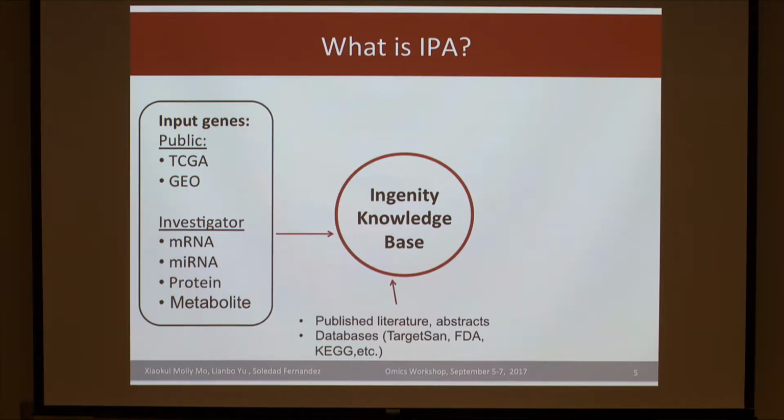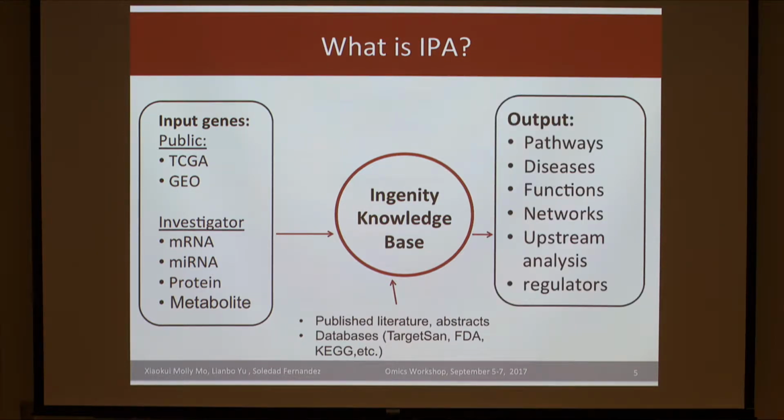Then you upload the data into IPA, and IPA will output pathway analysis, disease and function analysis results, networks, upstream analysis, and regulators. This is a brief summary of IPA.